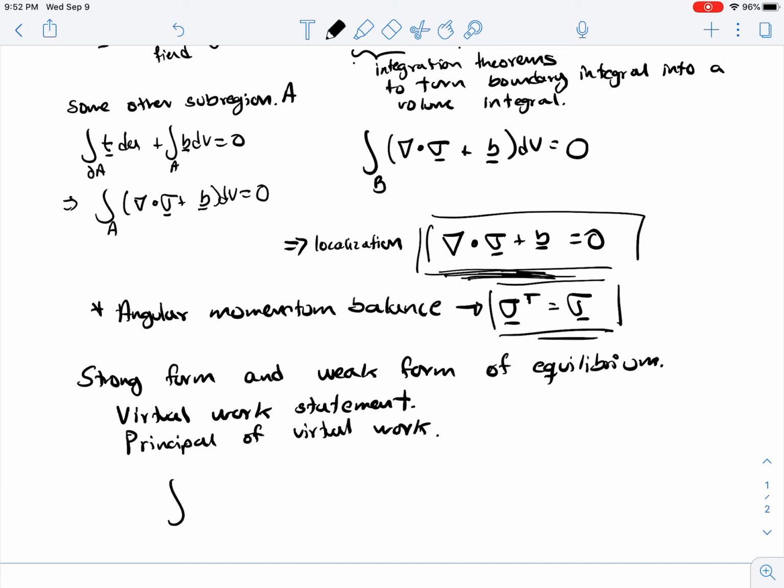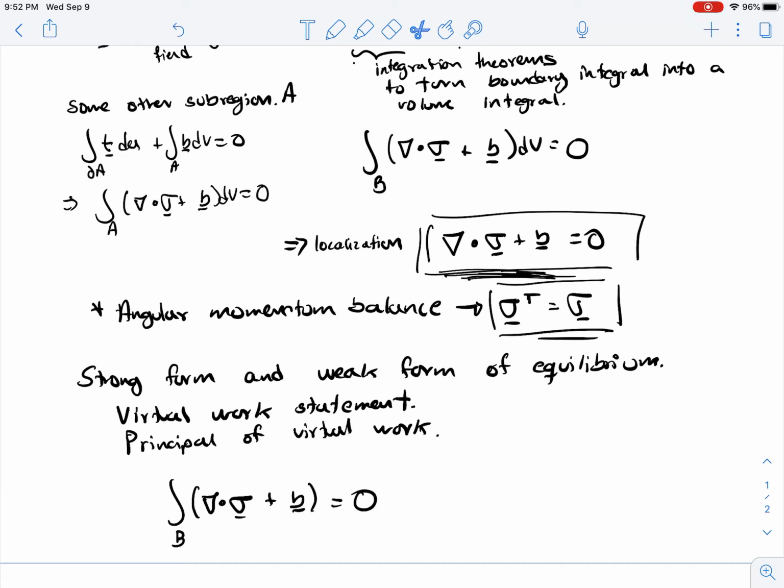So we have the integral over our domain of this quantity equals 0. Then we multiply by a weighting function, which is typically what you would do in the finite element framework.